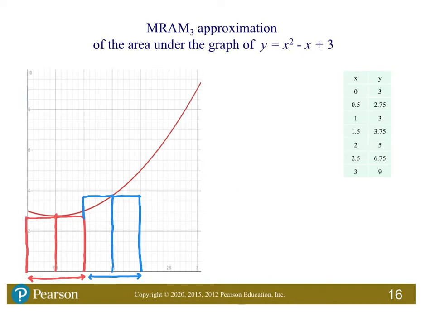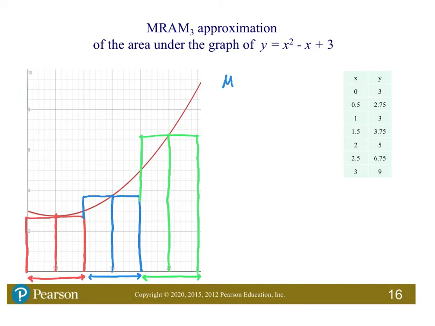And the final rectangle would be between the interval of 2 and 3, so we go to 2.5. And again, that rectangle will be partially under and partially over. So we're going to have a really good approximation of the amount of area underneath this curve.